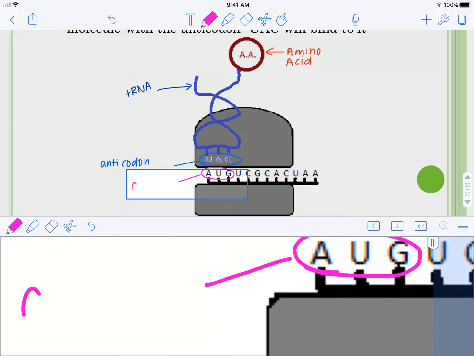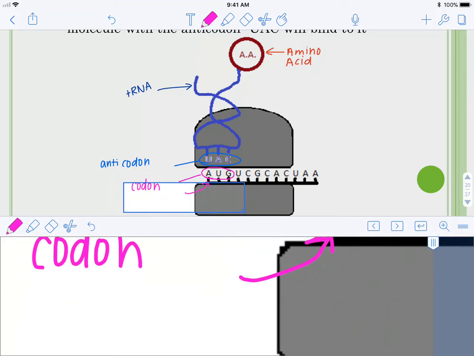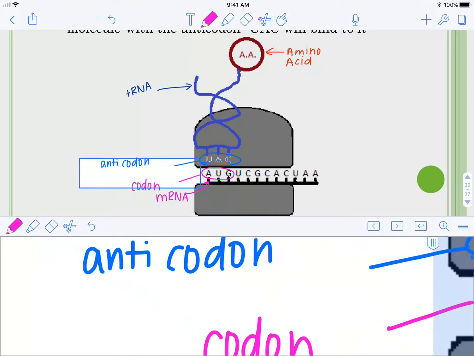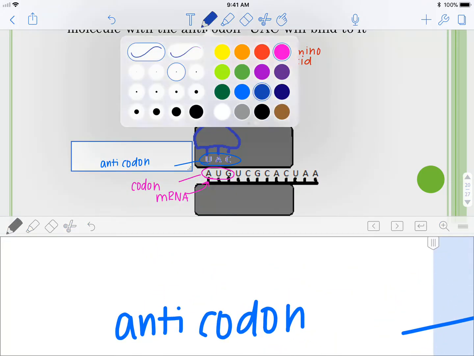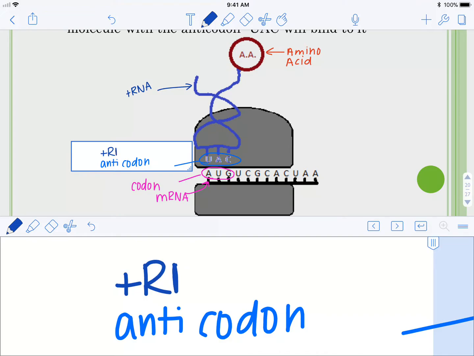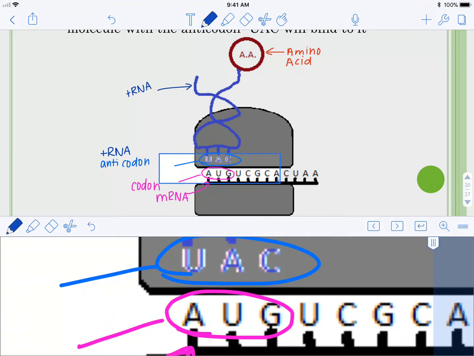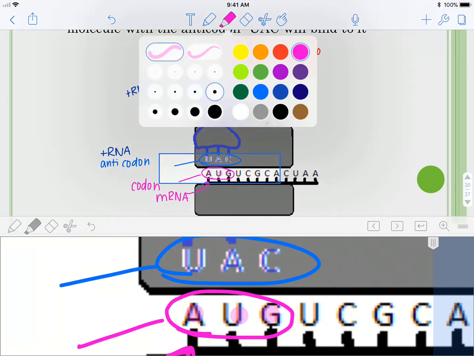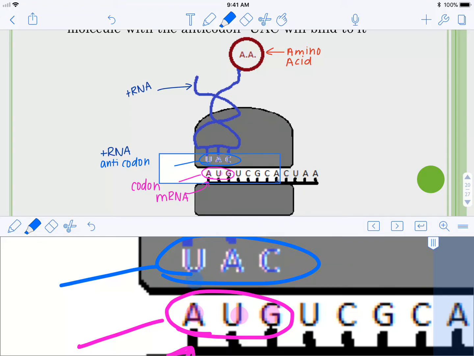So a codon is on mRNA, and it's the 3 letters that are being read. An anticodon is a part of tRNA, and it's the 3 letters that match up. So if my codon, in this case, was AUG, my anticodon is the complement of that, or the UAC.